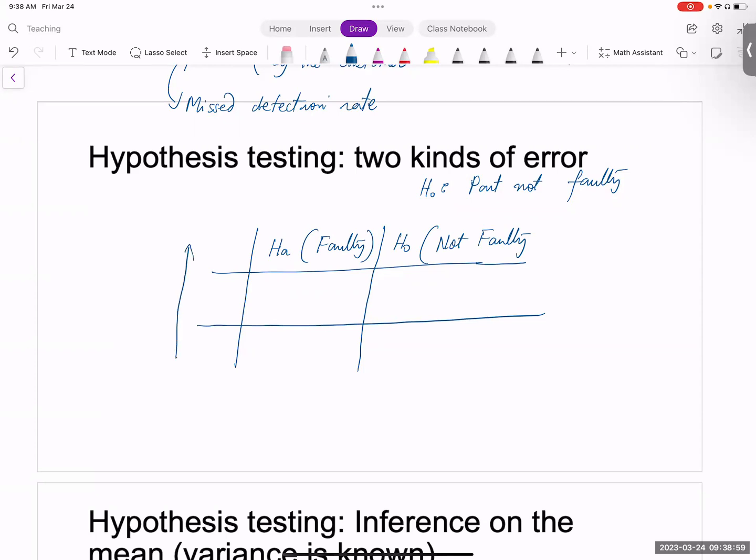And when you collect some data, now you can make some inference. So along this axis, you have your inference. You can either infer that the part is faulty, or you can infer that the part is not faulty. Now if you go back to the definition, if the part is not faulty, in other words, if H naught is true and your inference is that it is faulty, then it leads to type 1 error, alpha.